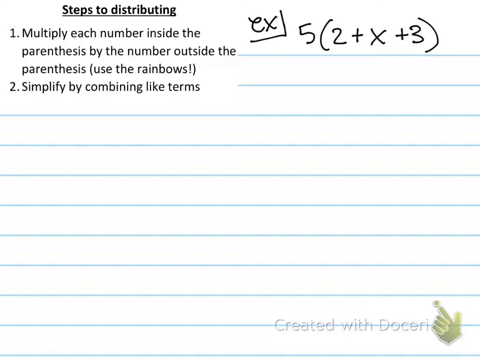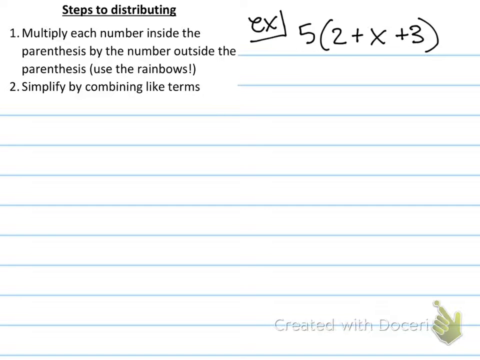For this example, we have 5 times the quantity 2 plus x plus 3. There is a way to simplify everything that's inside the parentheses, but I'm not going to do that for this example because I do want to show you what it would look like if we had more than 2 terms inside the parentheses, and then I want to simplify by combining like terms at the end.